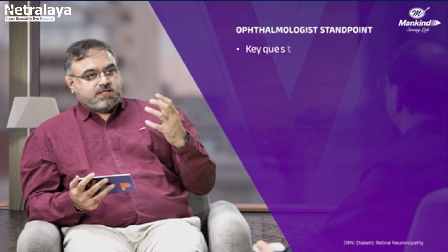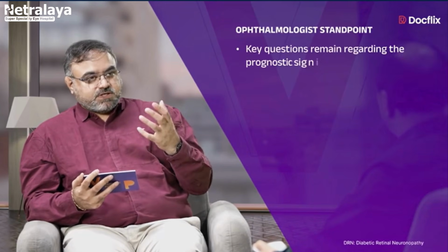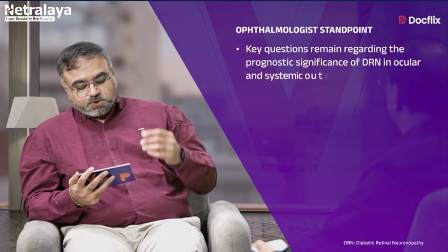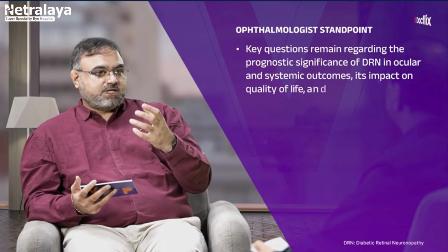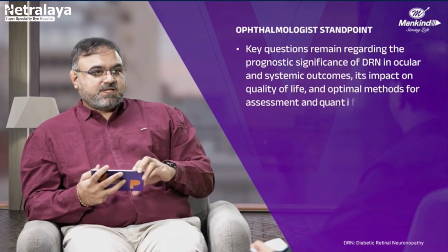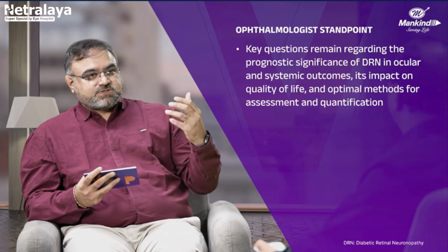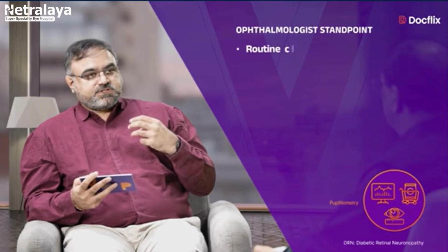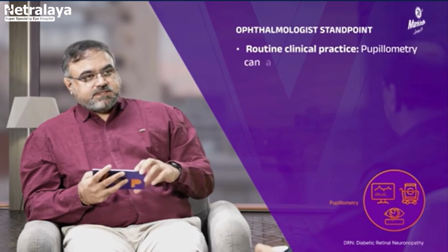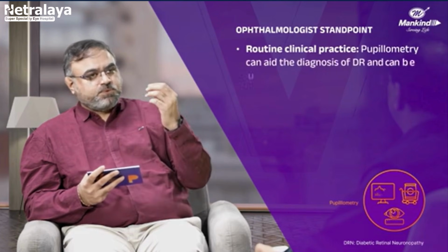So in future we'll need some more quantification, and we'll need some proper methods for assessment and quantification of this DRN, and with that we'll be able to prognosticate the quality of life of that patient. And in our day-to-day OPDs, we can just do pupillometry.